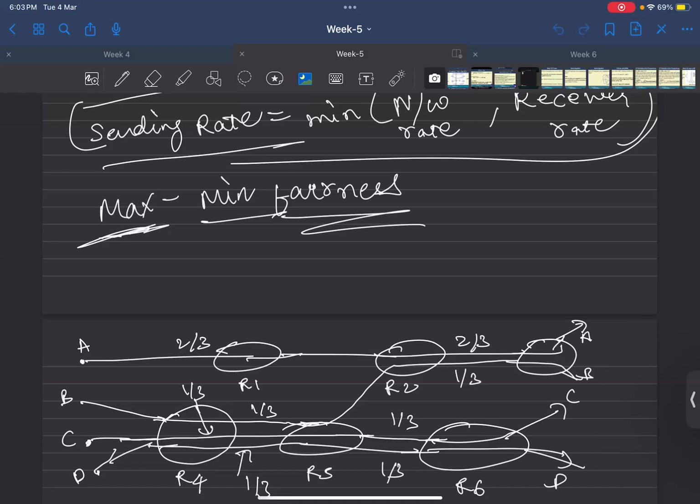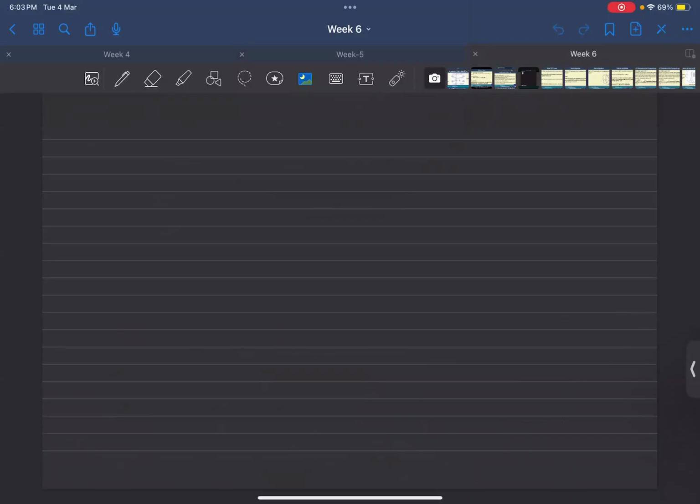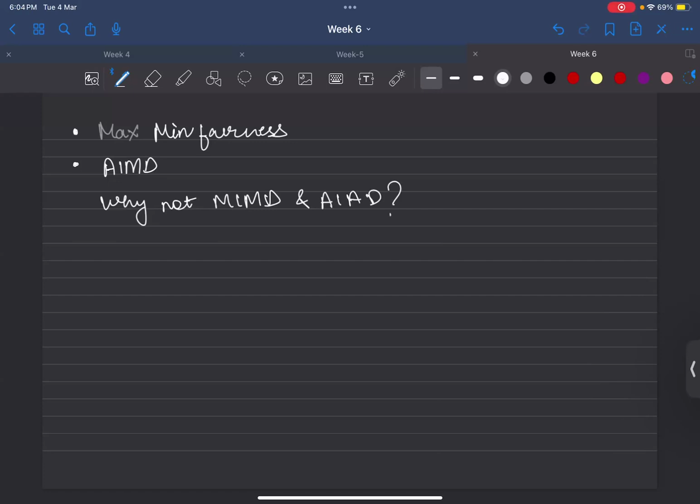Can I ask what is maximum fairness for the congestion control? And then AIMD and then Can anyone answer all these questions?